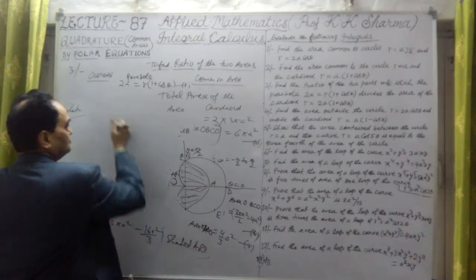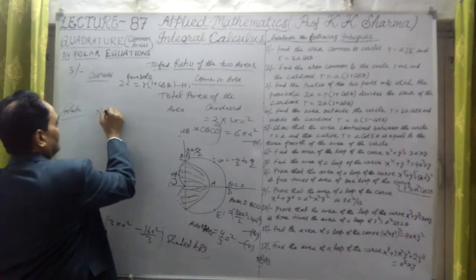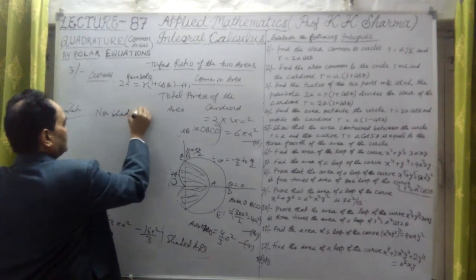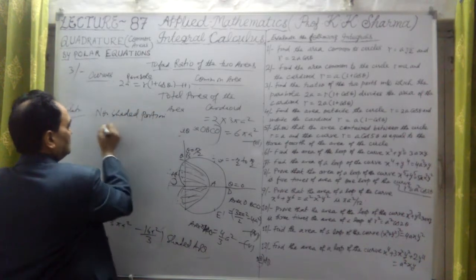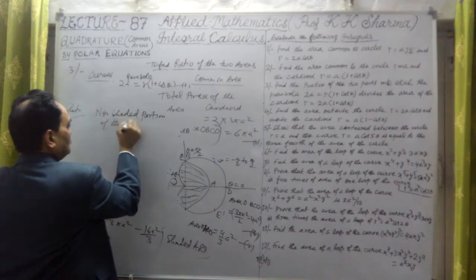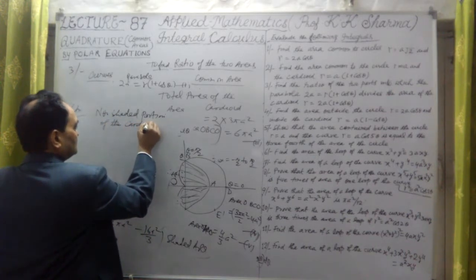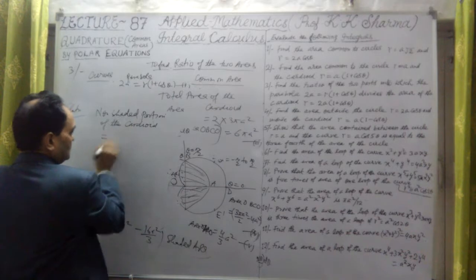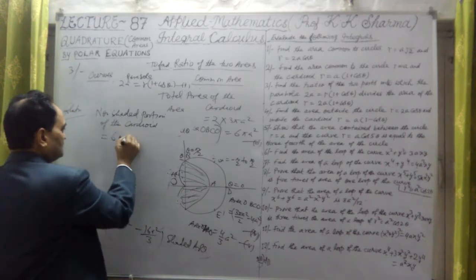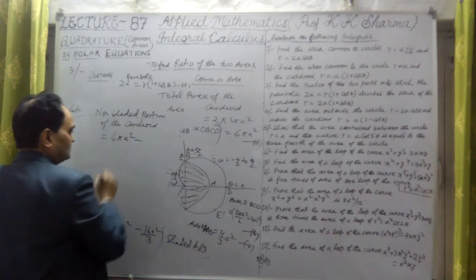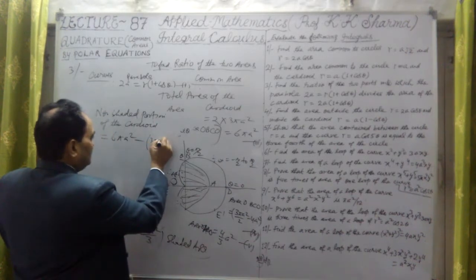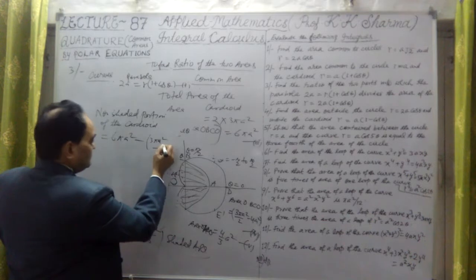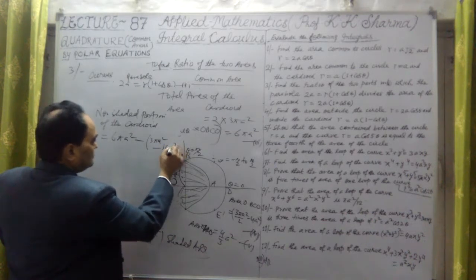Now non-shaded portion of the cardioid is equal to 6 pi A square. This is area of the whole cardioid minus shaded portion, and shaded portion is 3 pi A square minus 16 A square upon 3.